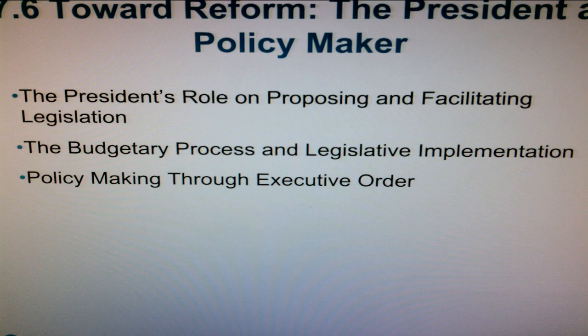This does not require congressional approval. Okay? Executive orders do not require congressional approval. They can, however, be ruled unconstitutional, and a couple of President Trump's executive orders have been. The other thing is that executive orders can be changed very easily. A new president is elected, and he can issue another executive order ending the previous one.